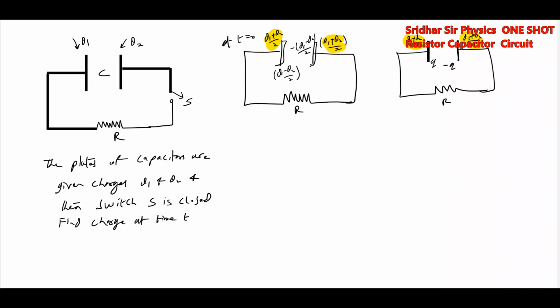Only the charge inside the capacitor is going to decrease. So this will become Q is equal to the initial charge, Q1 minus Q2 by 2, e to the power of minus t by RC. This is a discharging. So when the plates of the capacitor are given different charges, this is the basic method.